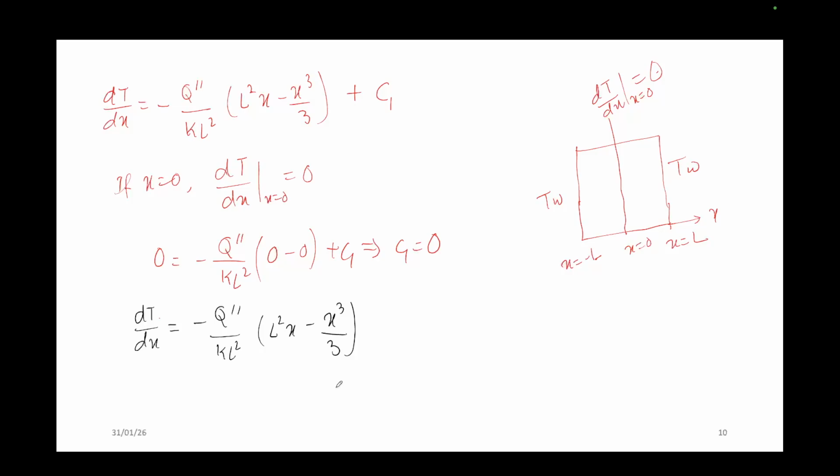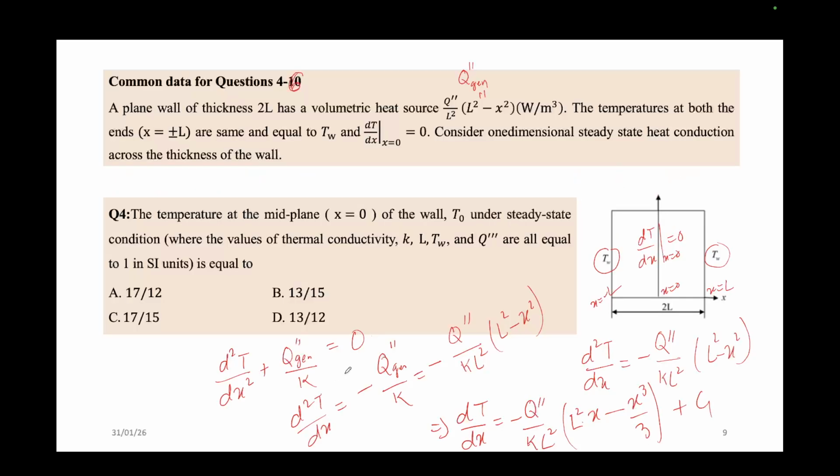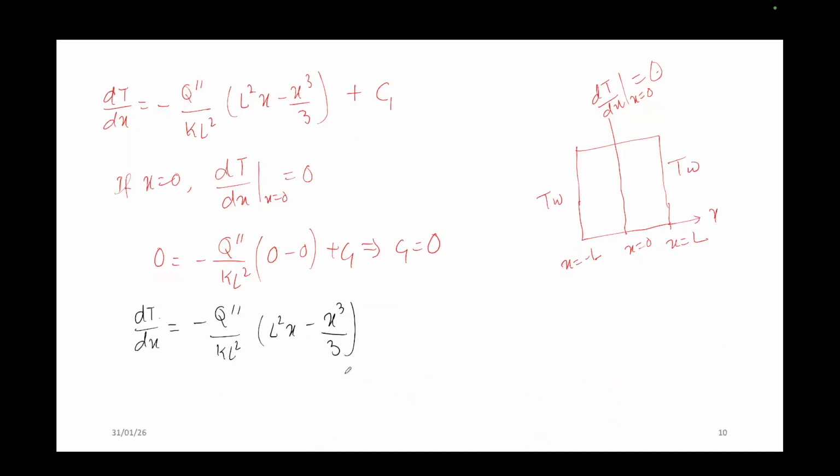But our objective is to find what? What is our objective? That means temperature, right? So again, if it is in derivative form, to find temperature, what I need to do? So integrate it, I get T equal to how much? The first part is constant, so it will come out.